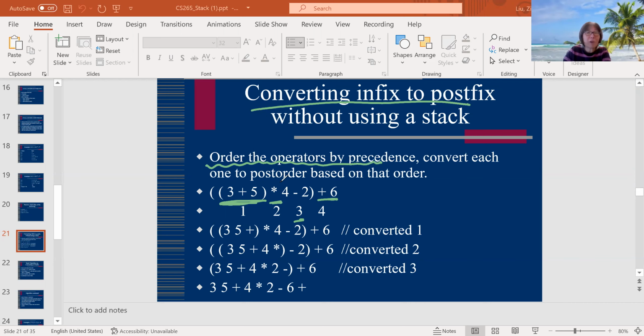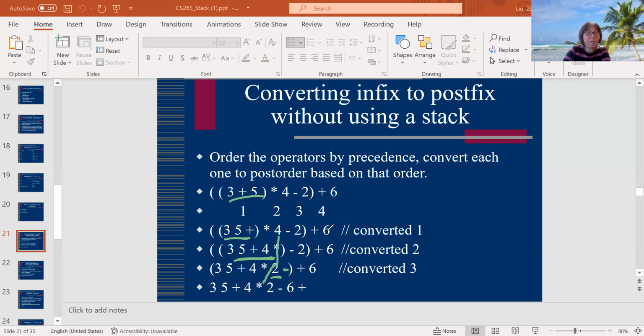So how are you going to convert? This is first, so you convert it. And this is the second, then you convert it to something like this. And after that, the third one, because this part is already fixed, you just add 2 here and add the minus sign next.